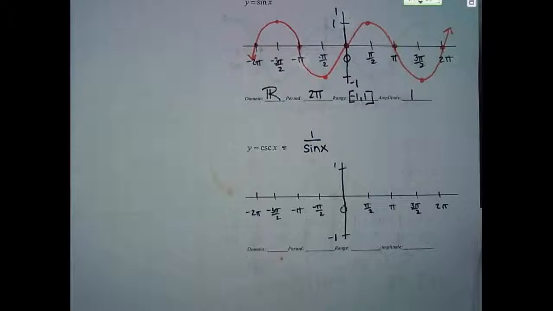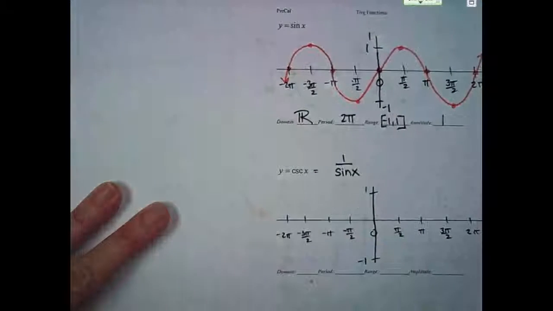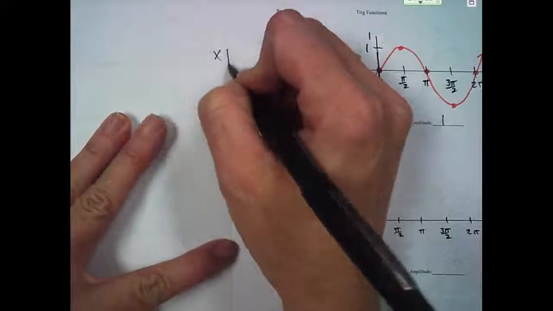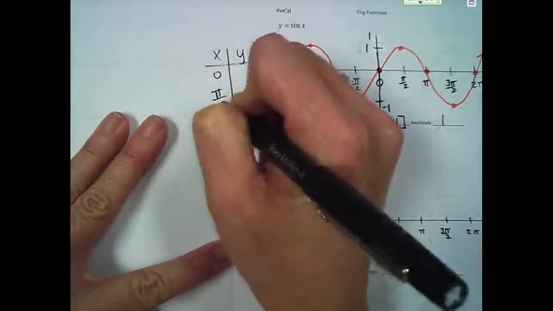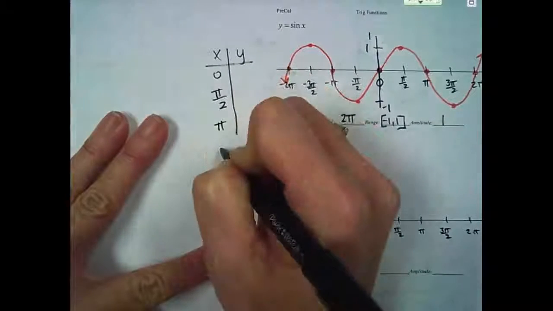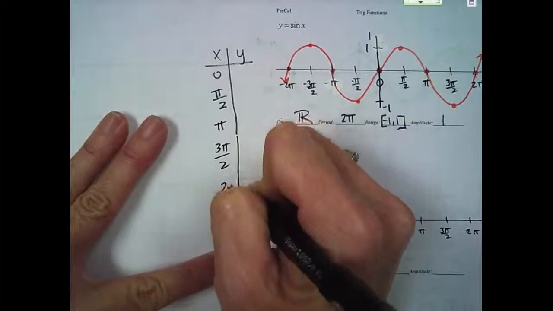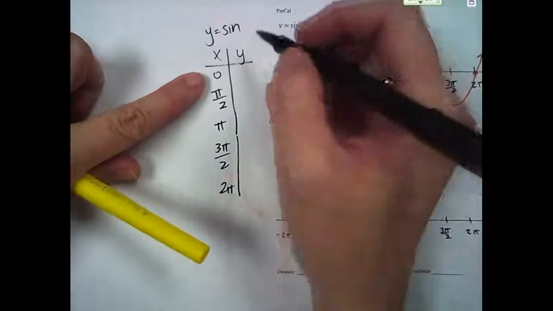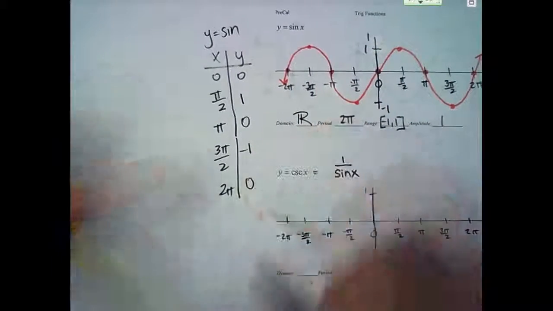The outcome for these points that we plotted, they're over on the board there, but since I'm recording, I'm going to write them up here too. X and Y. Our input was 0, pi over 2, pi, 3 pi over 2, and 2 pi. That was our input for sine. Our output was 0, 1, 0, negative 1, 0.